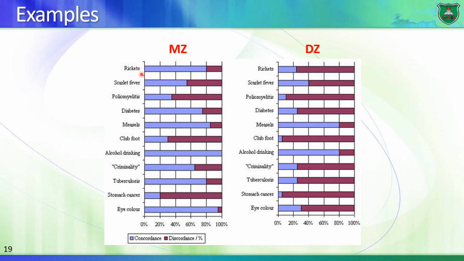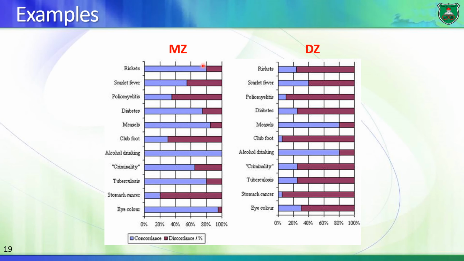So if you look at rickets, for example, which is a genetic disease with some environmental contribution, if one monozygotic twin is affected, then there's an 80% chance that the other monozygotic twin would be affected as well.